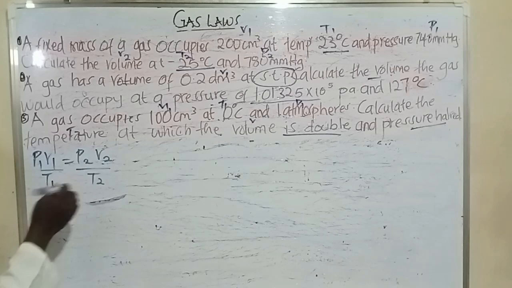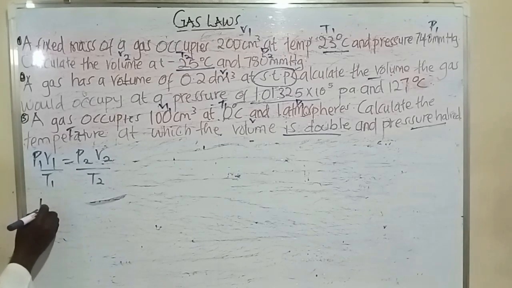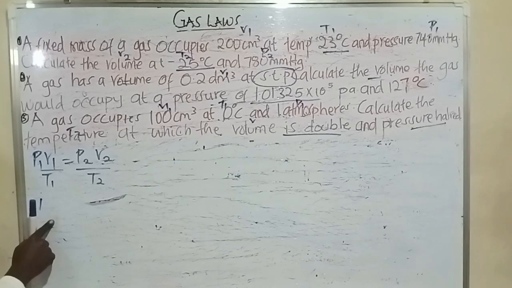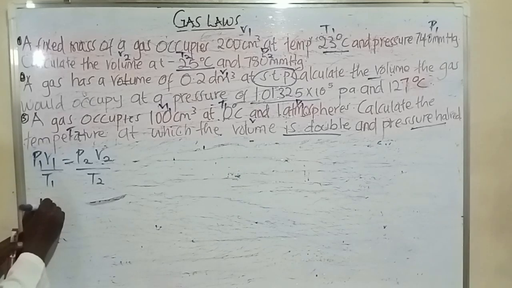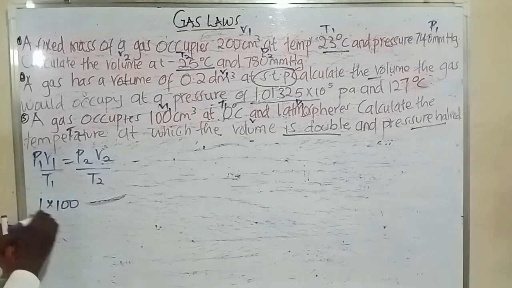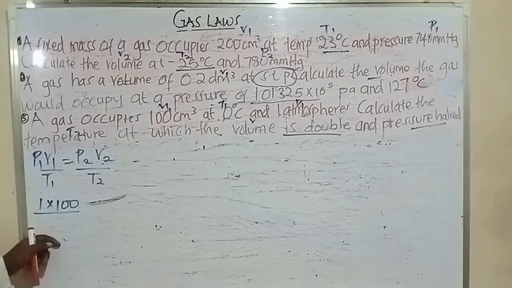So our P1 is 1 atmosphere. You multiply by your V, which is 100. You divide it by T1.